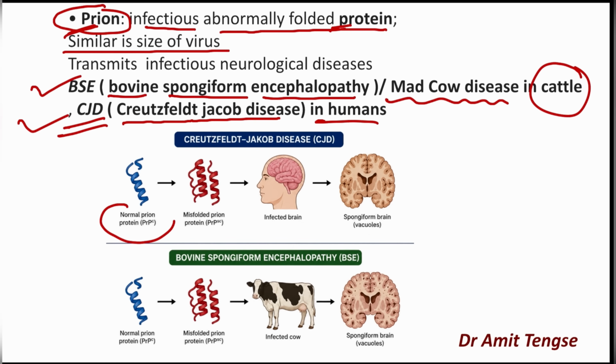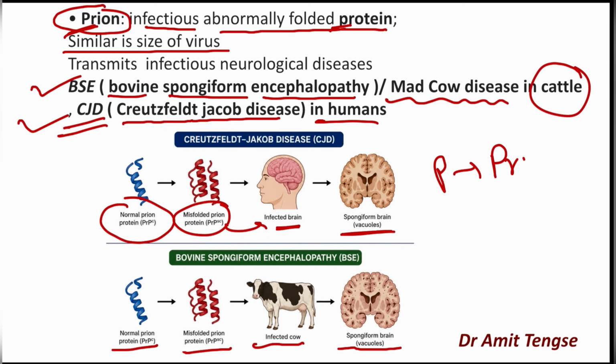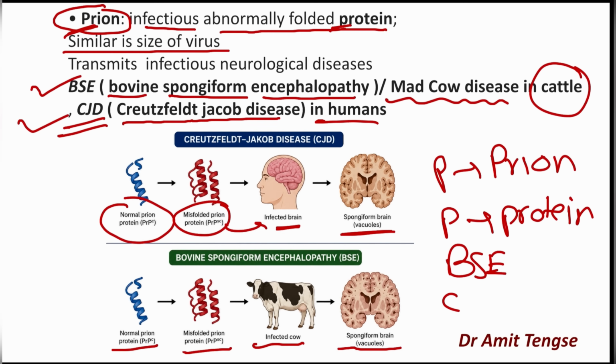This is the normal prion protein and this is the misfolded protein. So it infects the brain and causes spongiform brain vacuoles. Now bovine spongiform encephalopathy: this is the normal protein, this is the misfolded protein. The cow is infected, again with spongiform brain vacuoles. So P for prion and P for protein, causes BSE and CJD.